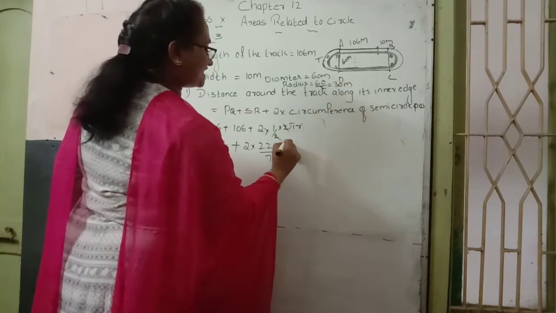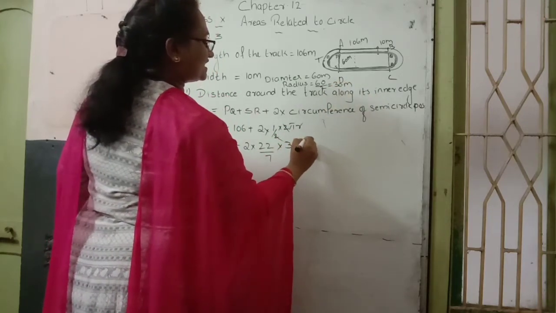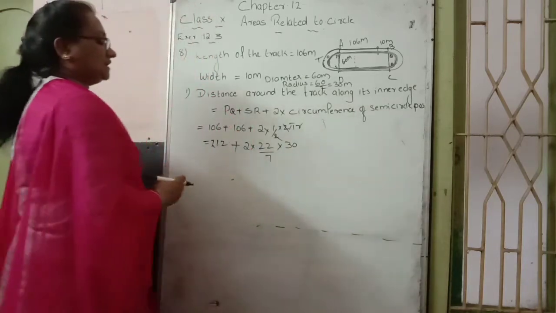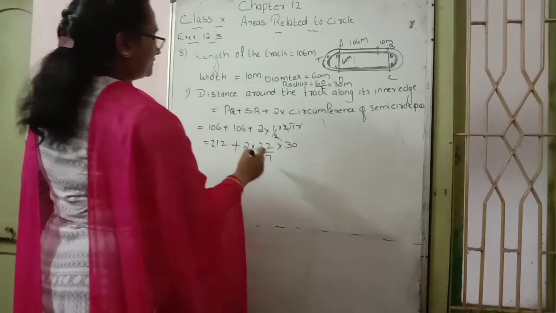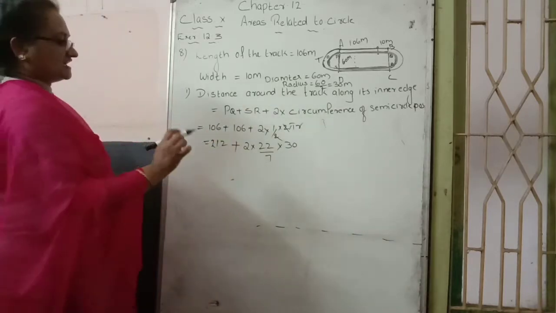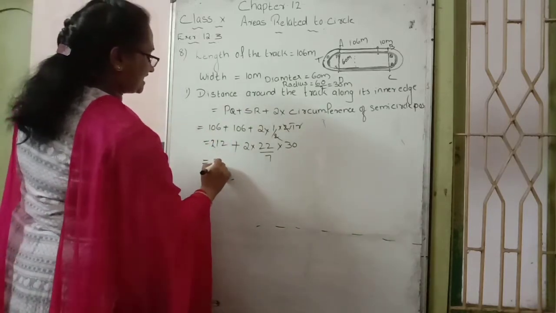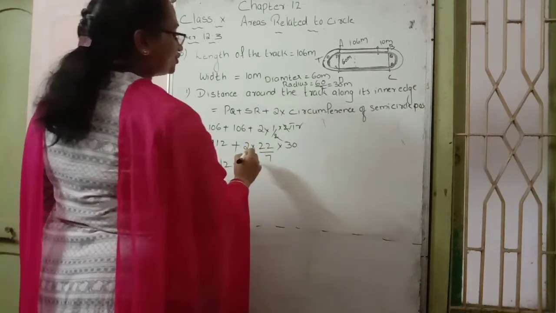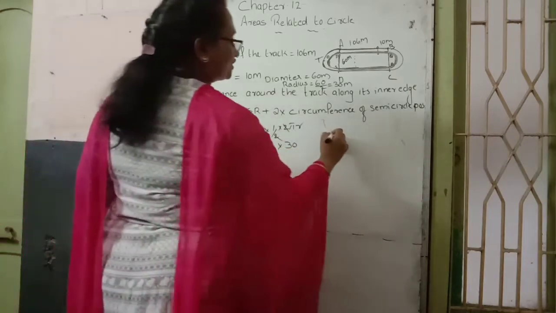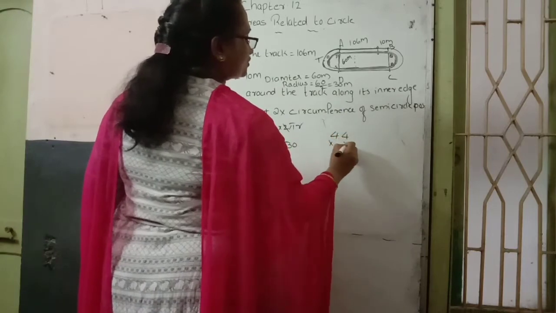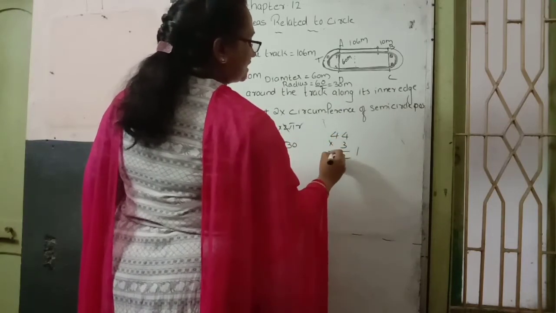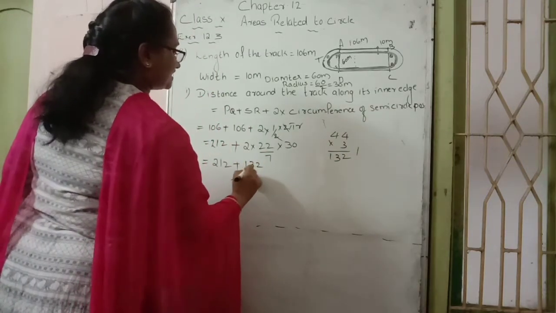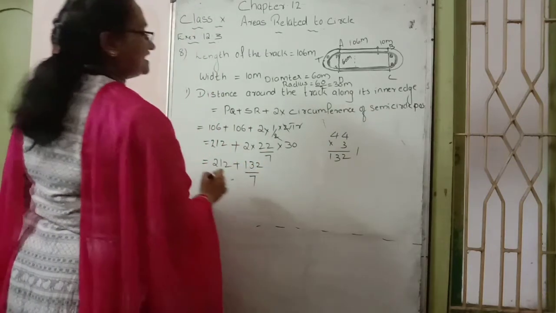So here we can substitute 30 in place of r. Then for the calculation, cancellation is not possible. So we take 22 into 2, which becomes how much? 44. 44 into 3 becomes how much? 132. 132 divided by 7.